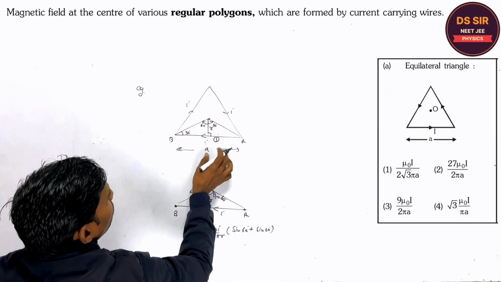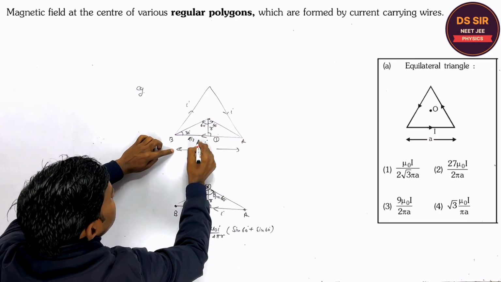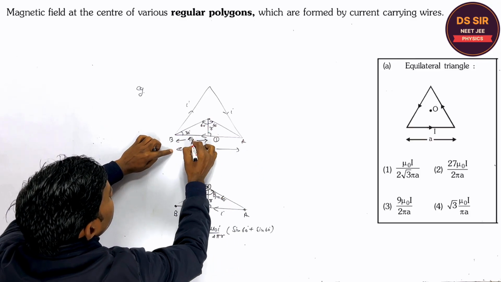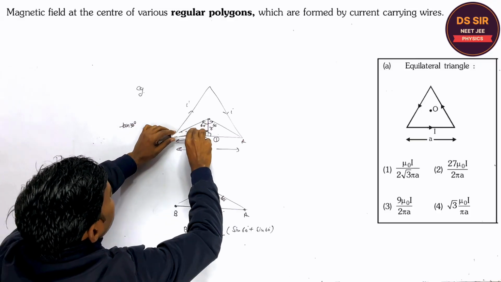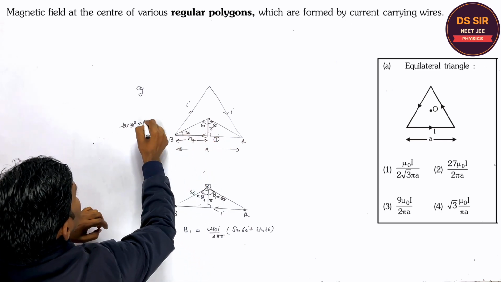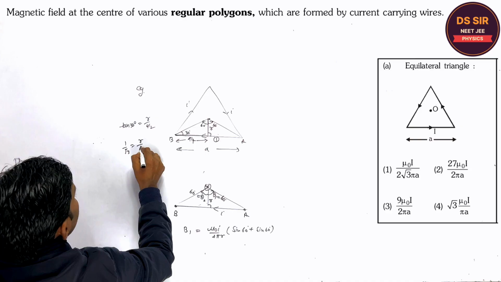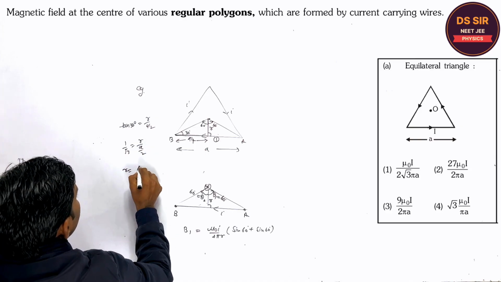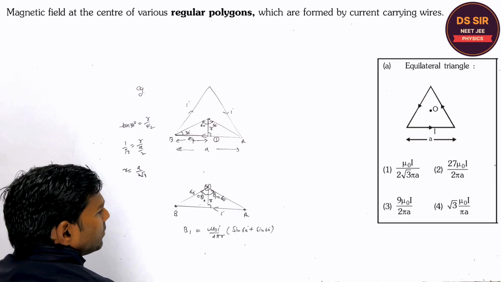This R we have to find because we know the side of the wire. This distance is what? A by 2. So now tan 30, in this triangle perpendicular upon base, 1 by root 3 is equal to R upon A by 2, so R is A upon 2 root 3. Is it clear or not?